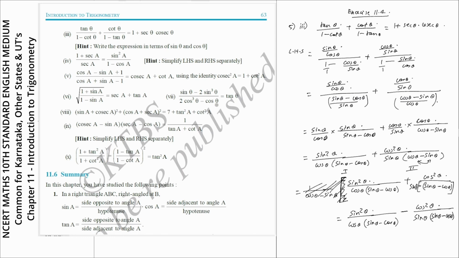Now if you see, there are two terms and 1 by sin theta minus cos theta is common between these two terms. That one common term I'll take outside, that is 1 by sin theta minus cos theta, and I'm left with sin square theta by cos theta minus cos square theta by sin theta.